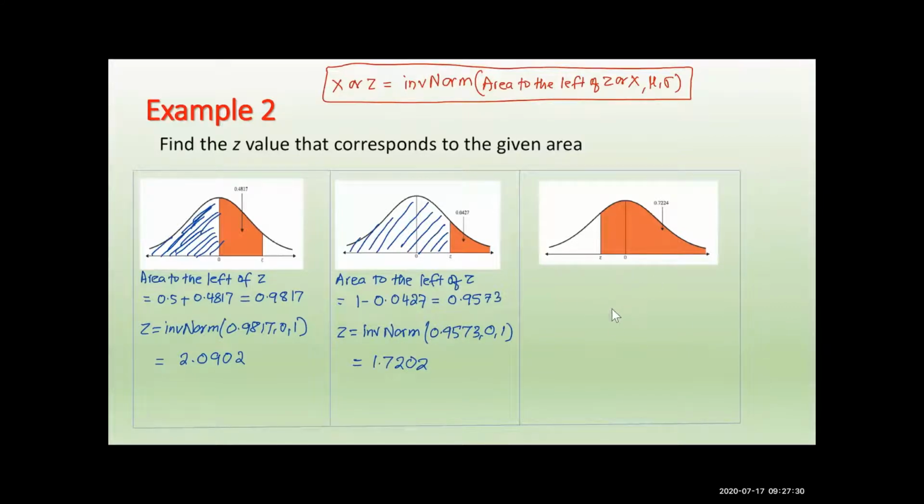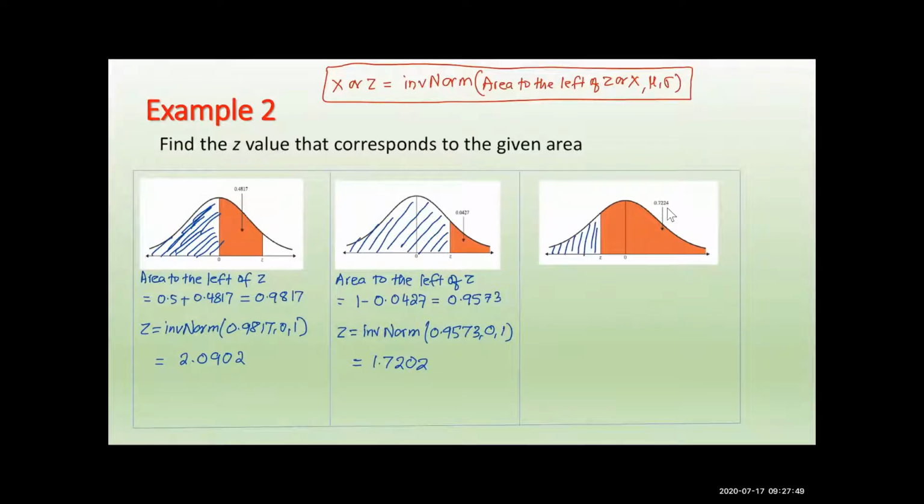Okay, this is the third one. Here you can see we want to find this z-score. They have given the area to the right. We need the area on the left, because we actually need this area in order to find the z-score. So let's find that area. It will be the total of 1 minus that area.